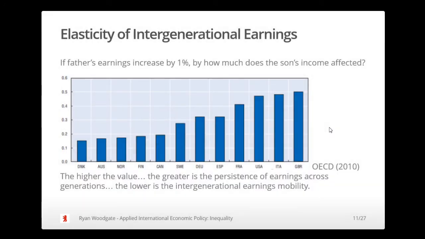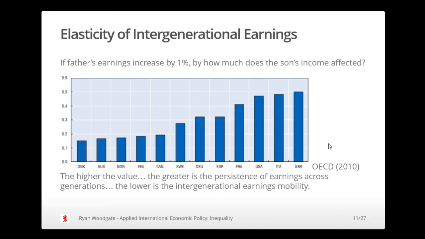We can measure it by what is called the elasticity of intergenerational earnings. So essentially, the question this measure answers is the following: if a father's earnings increase by 1%, how much do we expect the son's income to increase?